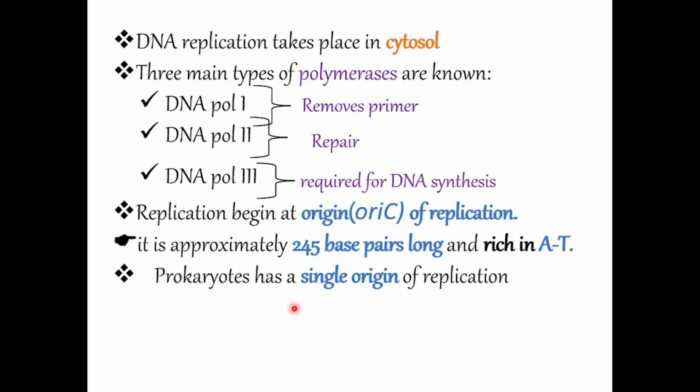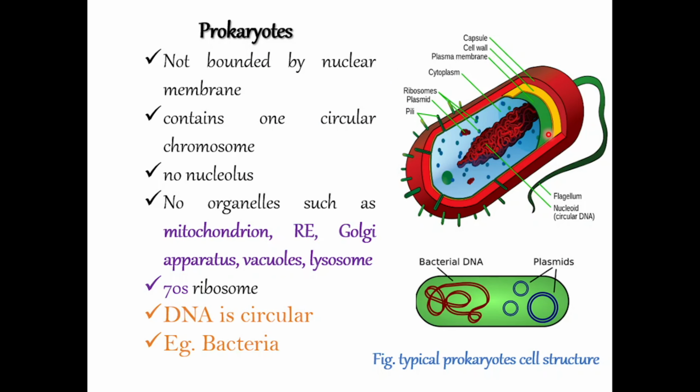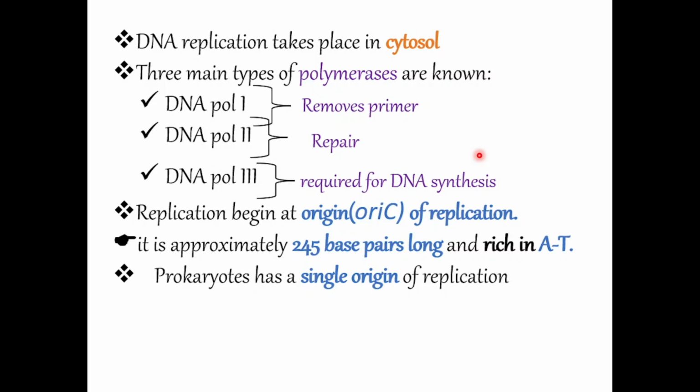So DNA replication takes place freely in the cytosol because there is no nucleus. There are different enzymes. The first three polymerase enzymes are DNA polymerase 1, DNA polymerase 2, and DNA polymerase 3. The main role of DNA polymerase 1 is to remove the primer.